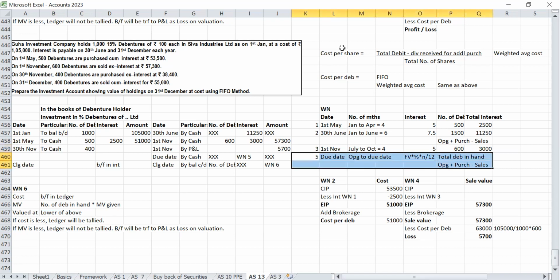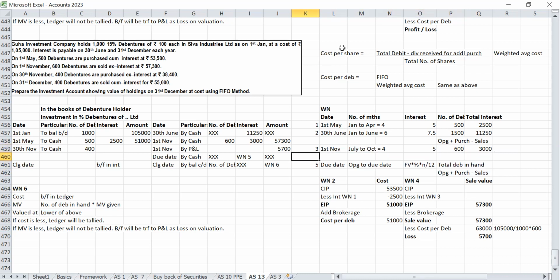Interest. Total price 38,400 is the ex-interest price. No brokerage. Interest we have to compute. On 30th November, the interest comes for 5 months, from July to November.